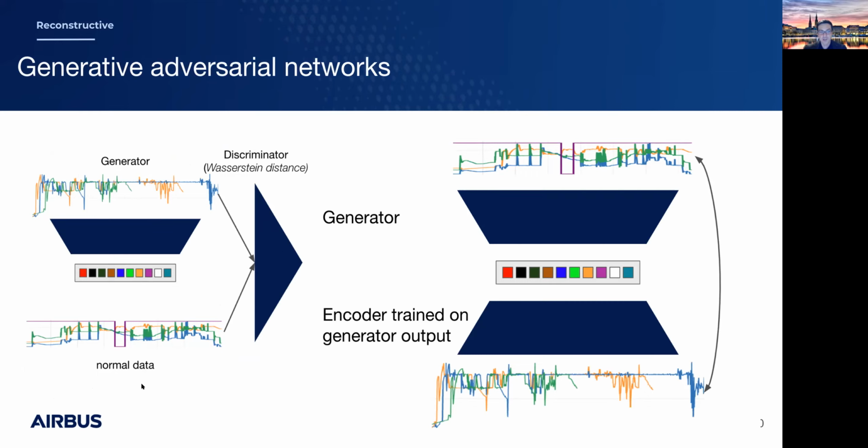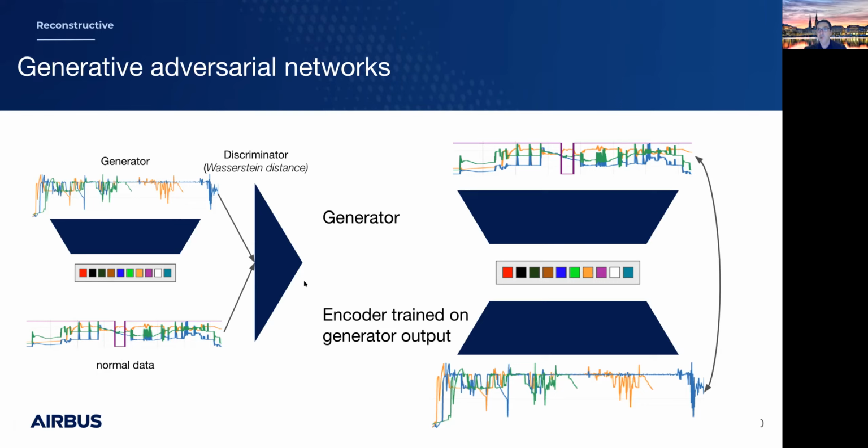And the discriminator gets a time series, either normal or from the generator, and it has to decide correctly which one is the right one, which one is normal data coming from the normal data source. And so they play a game. The generator tries to fool the discriminator, and the discriminator tries to get better at understanding when it's not getting normal data, but the output of the generator.